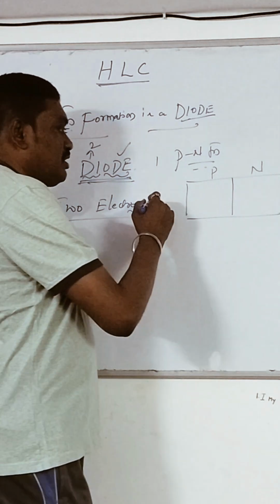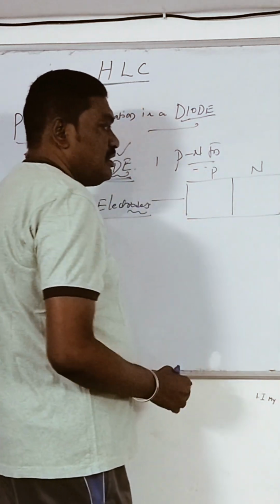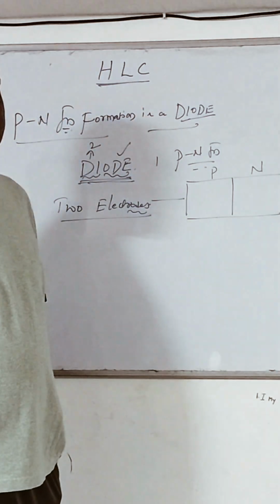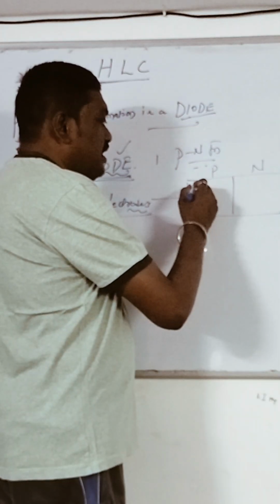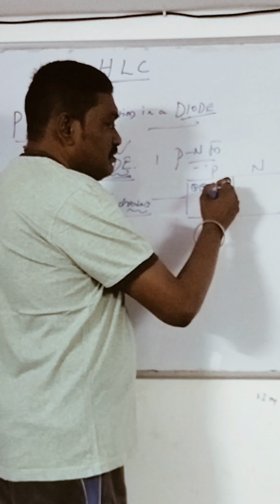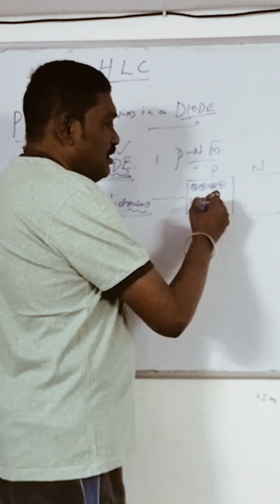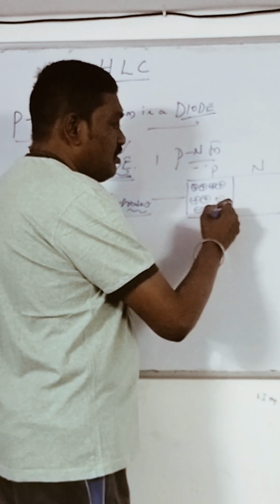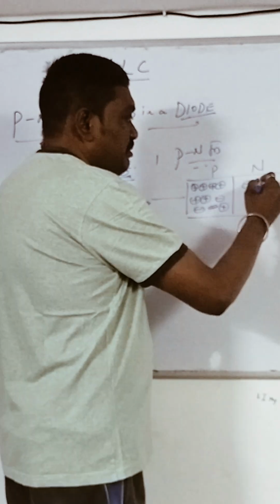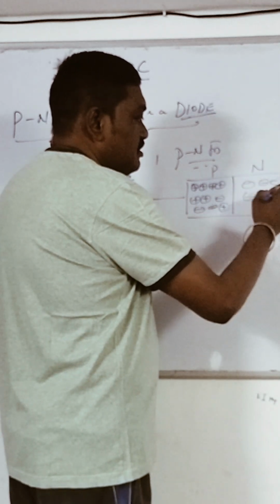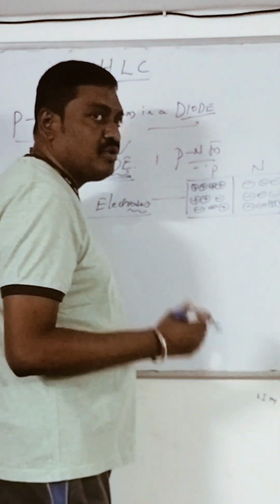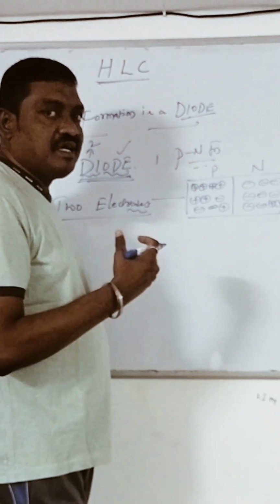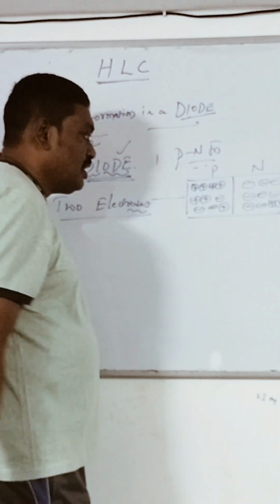When you provide two electrodes for these two, it is converted to a PN junction diode. In P-type material, the majority charge carriers are holes and minority are electrons. In N-type, the majority charge carriers are electrons and minority are holes. Both materials are extrinsic semiconductors.